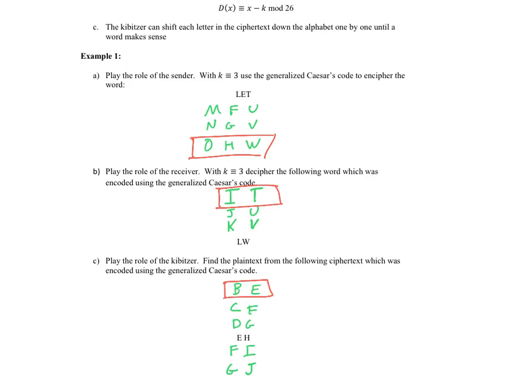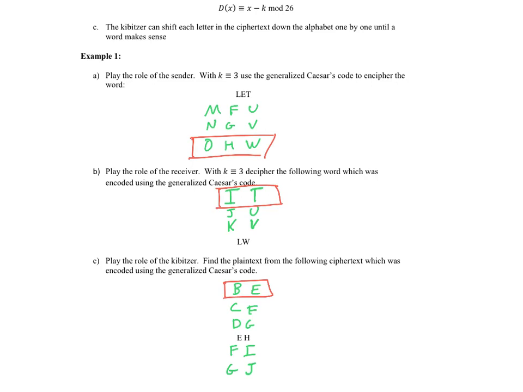And maybe some Canadian humor for you, if the kibitzer thought, oh, A is a word, A. So let it A. Well, even for someone with poor grammar, that doesn't make a heck of a lot of sense. So the kibitzer would think, okay, let it be would make more sense.